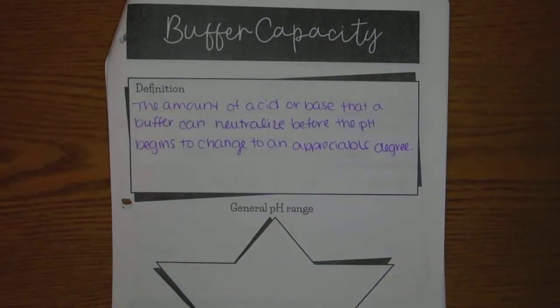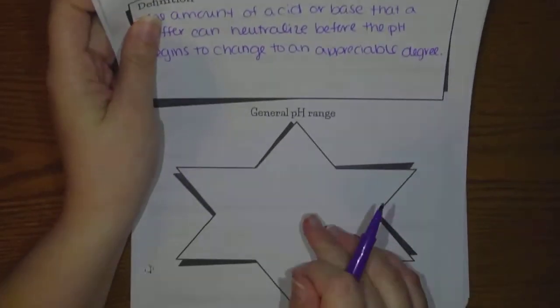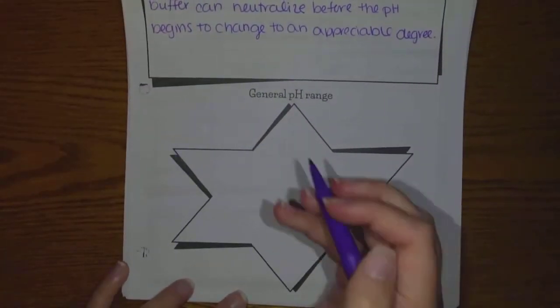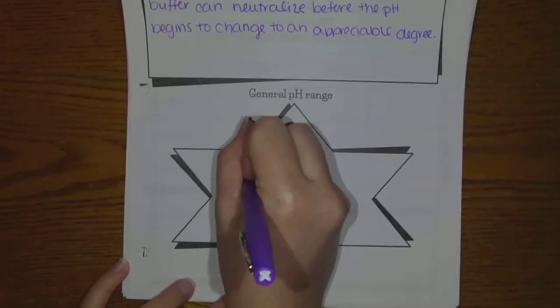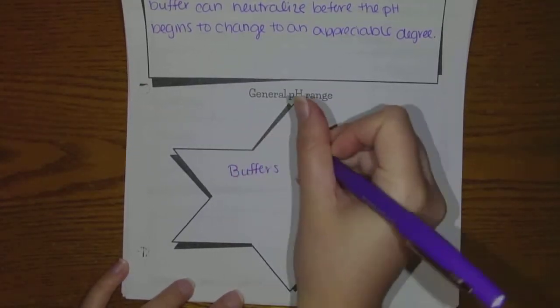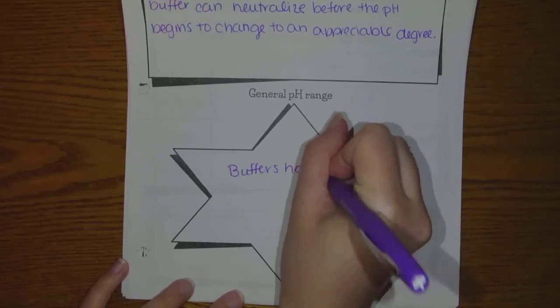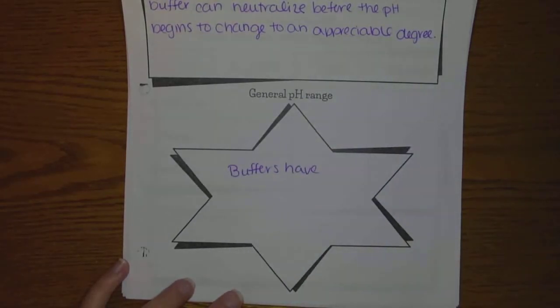Okay? So when we say an appreciable degree, typically it's going to go outside the general pH range of a buffer, and that is usually about 1 pH unit from the pKa.